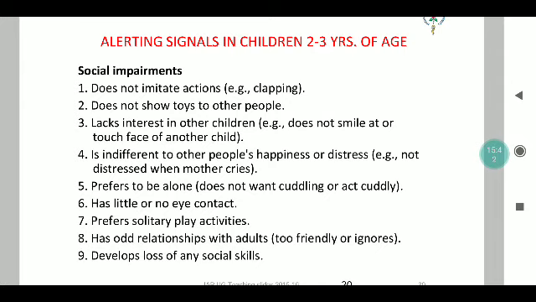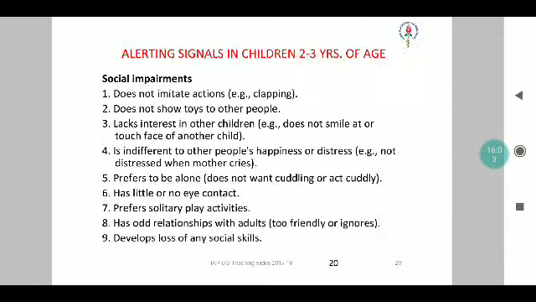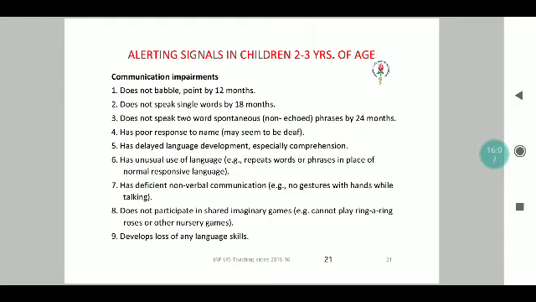If the child sees the mother crying and does not respond to that, then it is definitely a warning sign. Tending to be alone, avoiding eye contact, preferring solitary play, not mingling with other children, or relationships with other adults, either too friendly with everyone or ignoring others too much, and inability to develop social skills. All of these are characteristic social impairments which are warning signs.